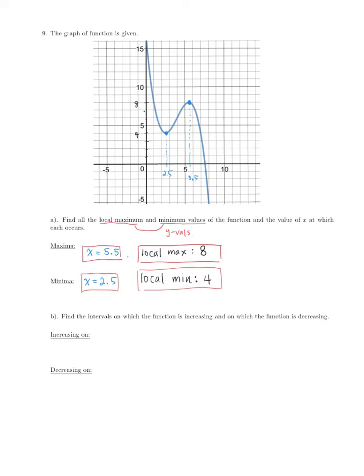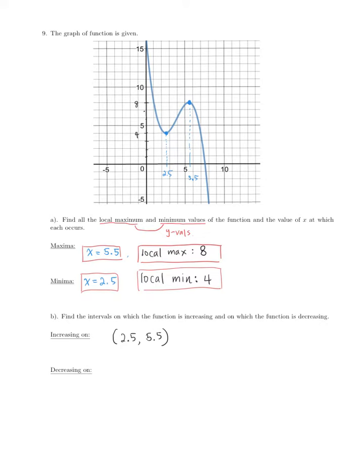Now always, always, always, for the intervals where the function is increasing or decreasing, it's going to be open parentheses on both ends by definition. So increasing on (2.5, 5.5), open.